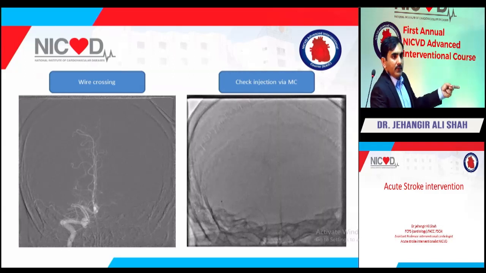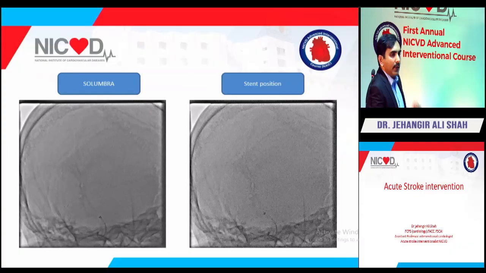Through the microcatheter, we advance our stent retriever and place the stent here in the M1 segment, and with the help of the stent, we push our distal access catheter toward the thrombus so that we complete our Solumbra technique.